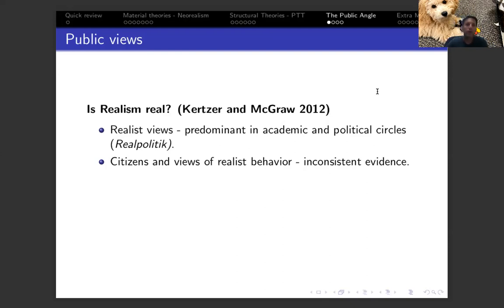There's some work on that, and some work suggests that the public is accepting those realist views. For example, public preference for using force in order to restrain aggressive behavior, in the context of the United States, against Americans' interests.